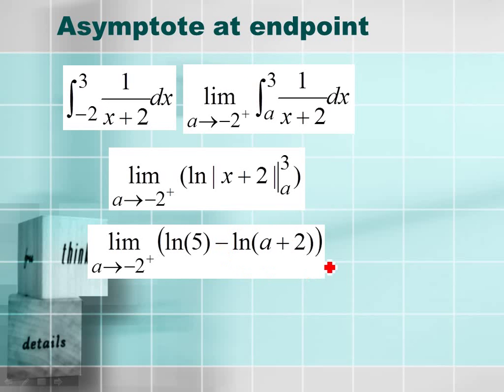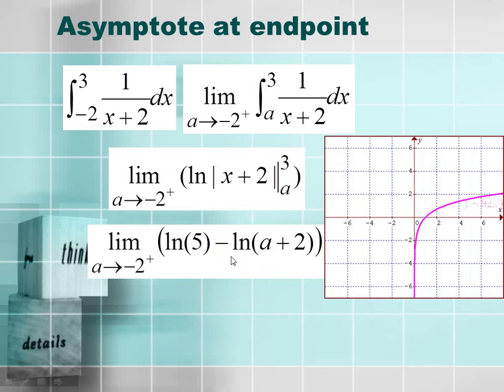So this is where you have to know what your graphs look like. So here's the graph of ln of x. For ln of x plus 2, I'm just going to shift it to the left 2 points. This is the graph of ln of x plus 2. As x approaches negative 2 coming from above, this is headed towards negative infinity.